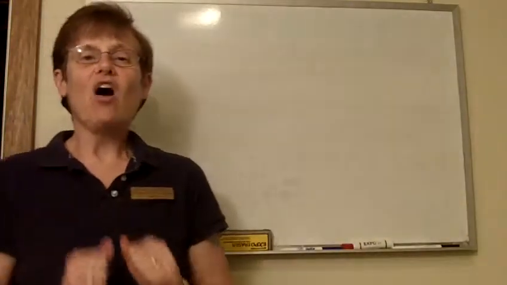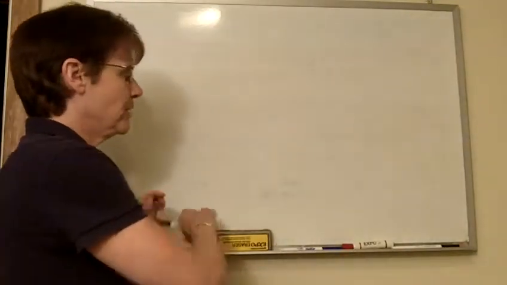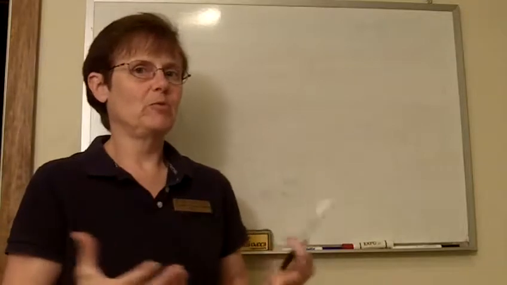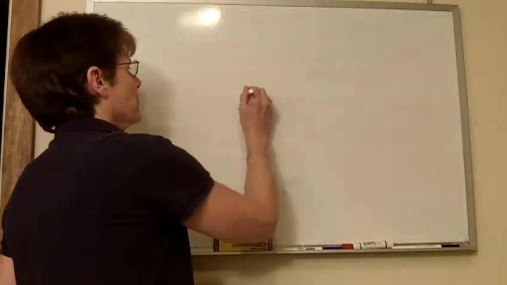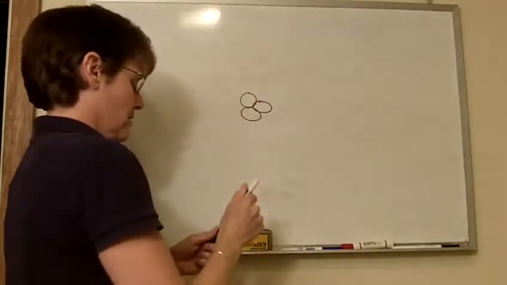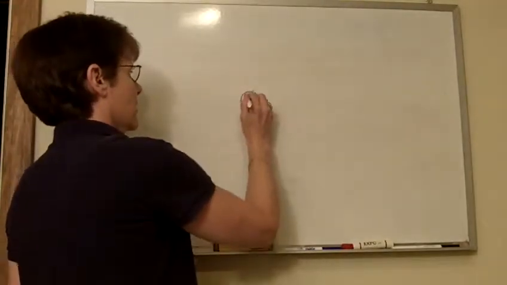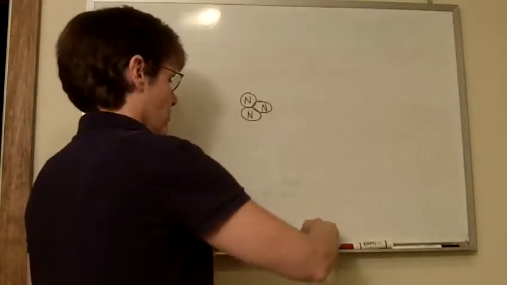So let's take a look at some of the things that all these atoms have in common. They all have in common basically how the atom is put together. And in the center of the atom, we have two different kinds of particles. So let's call these neutrons. I'll label them N for neutrons.